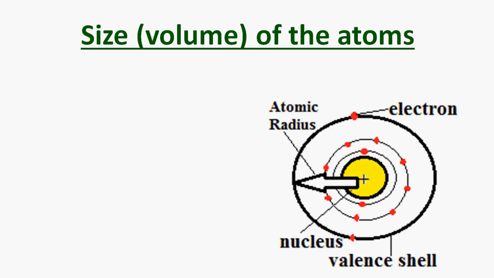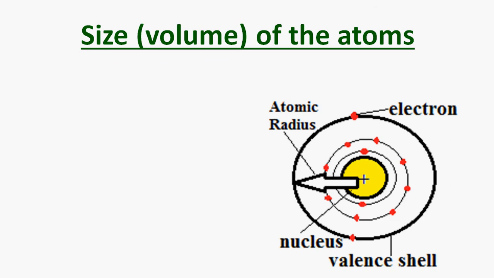The next property we have is the size or volume of the atoms. So when we talk about the size of the atoms, the size is indicated in terms of radius of the atom. Now you first need to know what is the radius of the atom. You can see there the yellow colored nucleus in the diagram, okay, and the outermost valence shell is also labeled there.